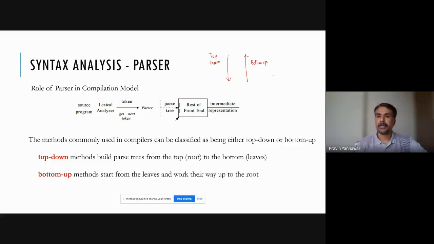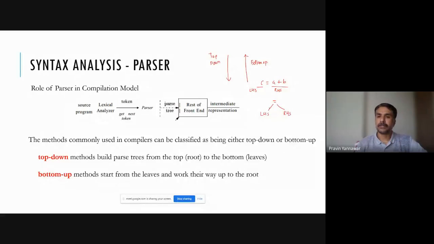Say for example you have an expression. In a simple case, you have the expression C equals A plus B. We know that any expression has two sides: this is called the LHS and this is called the RHS.